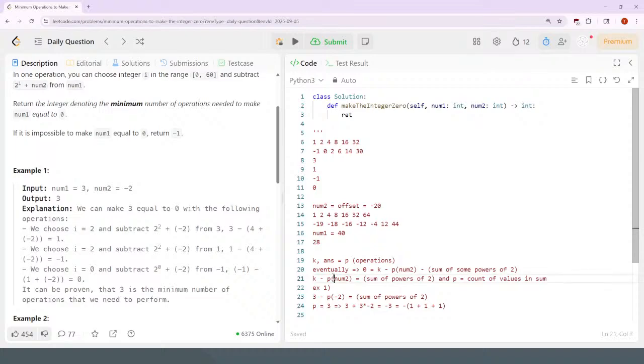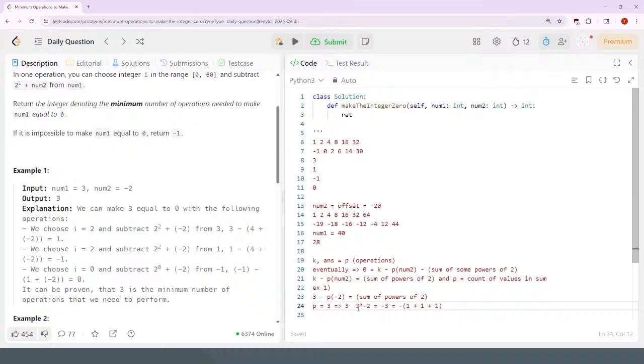Okay. Interesting. How did this work out? So p ended up being 3. 3 times -2 should be -6.